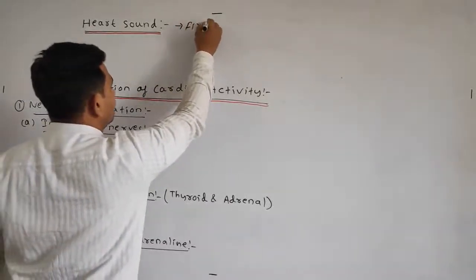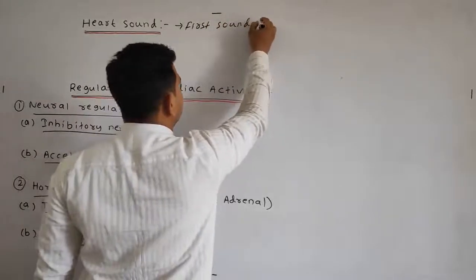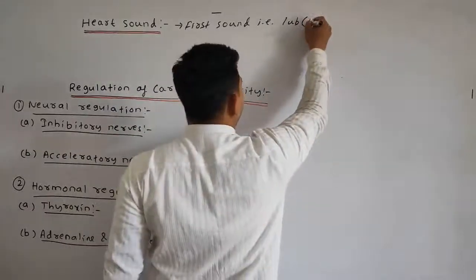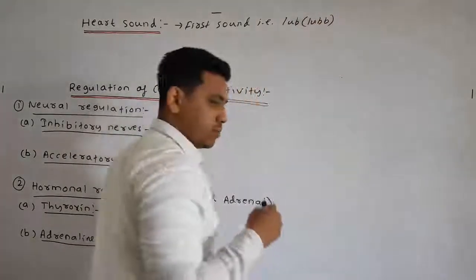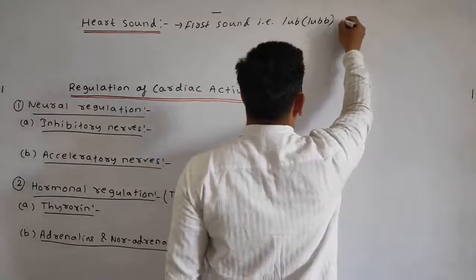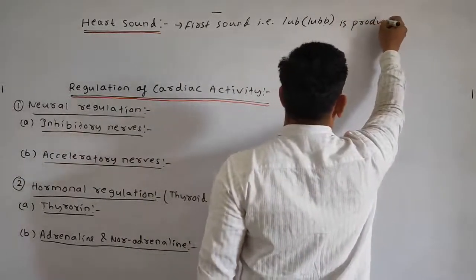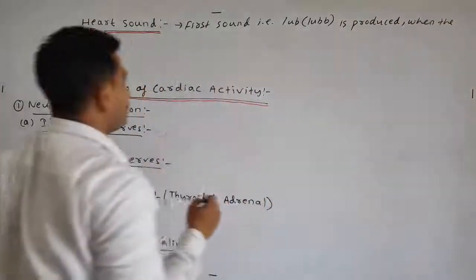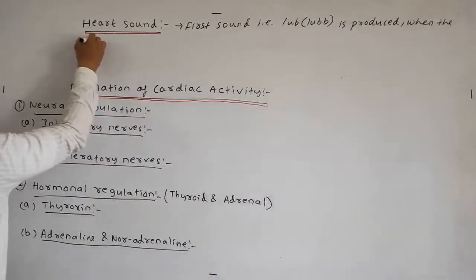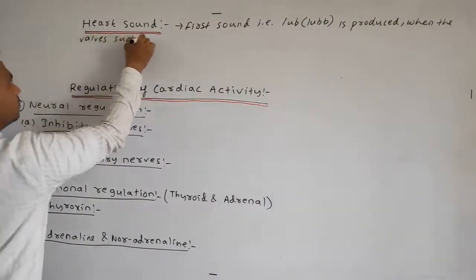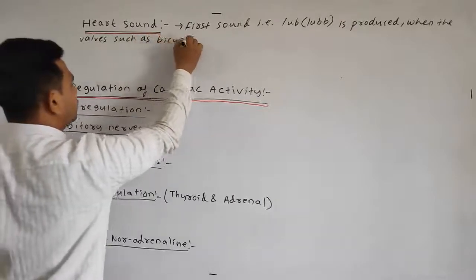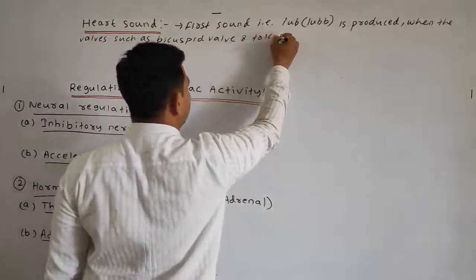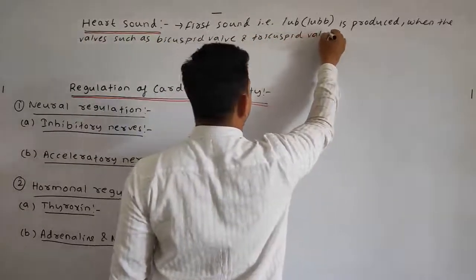First sound, that is lub, or in some books also written LUBB, so don't confuse. Lub is produced when the valves such as the bicuspid valve and tricuspid valve close.